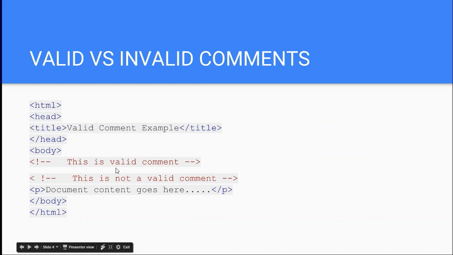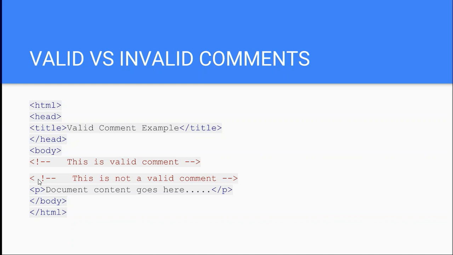This is the valid code because this comment tag is perfectly written, but the next one is not valid, because you should not make spaces when you're writing tags. There is a space between these two characters that will make this comment an invalid comment.